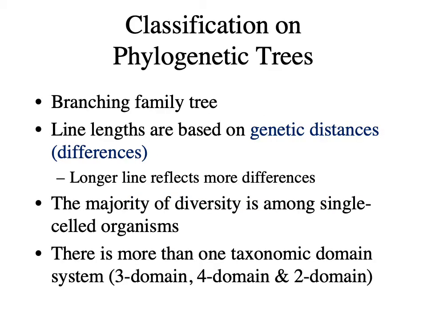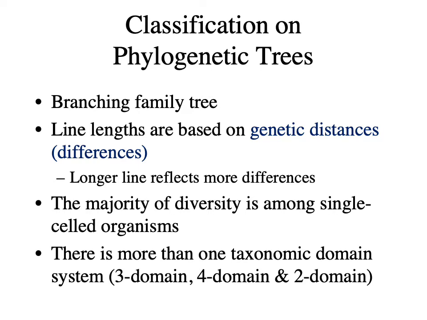I've talked a lot about phylogenetic trees and classification. Let's really focus on that now. So think of the phylogenetic tree like a family tree. You might have a family tree. Think of it like that, how closely you are related on that family tree. So the line lengths or the branches are based on the genetic distances or differences between the organisms.